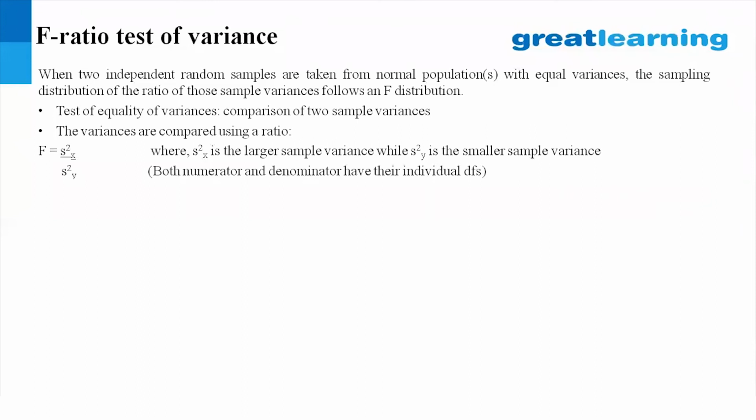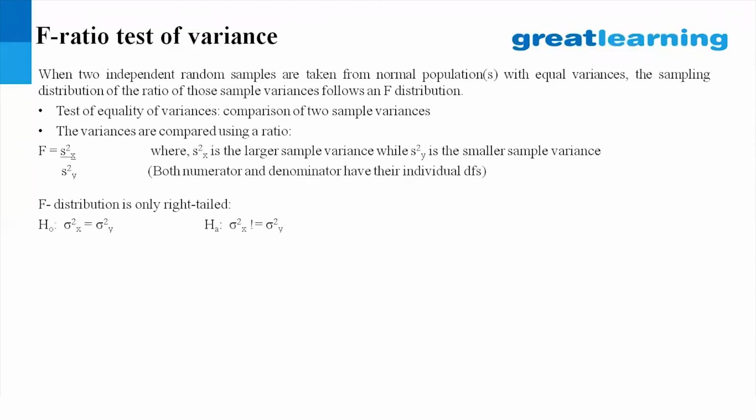Both of these may have different sample sizes, so they have their own individual degrees of freedom, but whichever has the larger variance, put that as the numerator to make things simple.